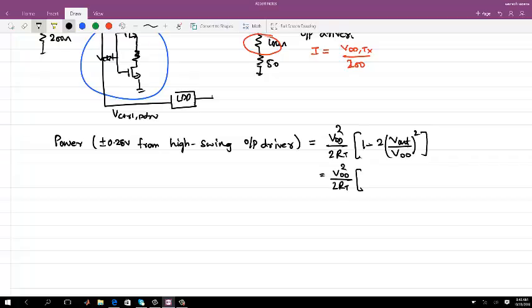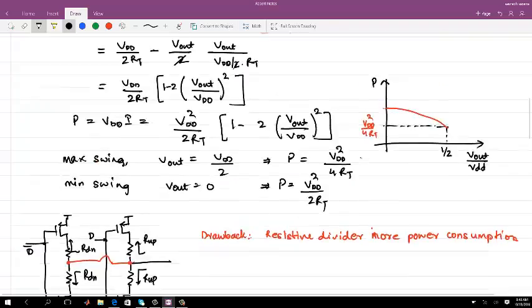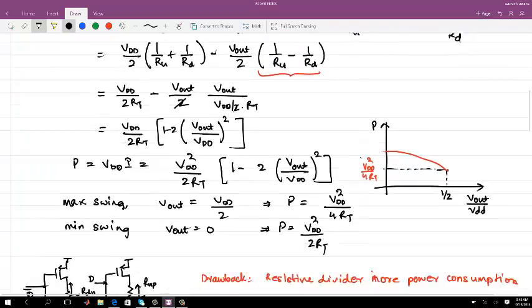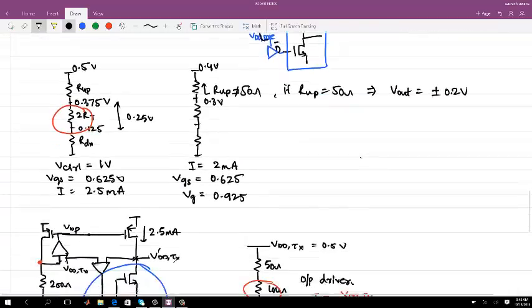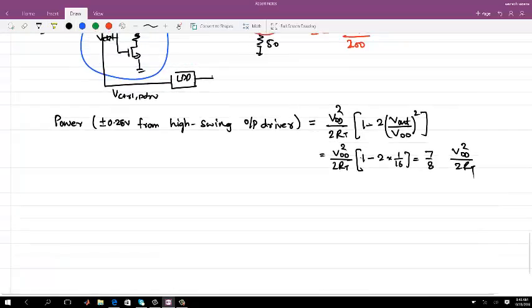And this will be 1 minus 1 by 16, so it is 2 by 1 by 8, this is 7 by 8 times VDD square by 2RT. Let me check the expression: 2RT, 1 minus 2 V out by VDD, with V out by VDD being 1/4, 1 by 8. What is the power consumption with the N over N output driver for the same thing?